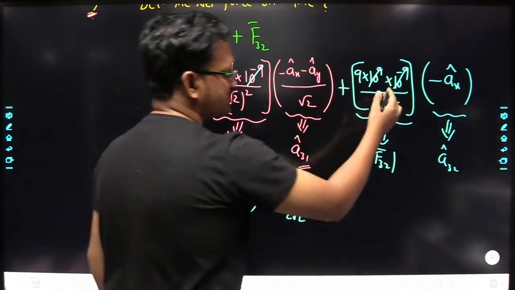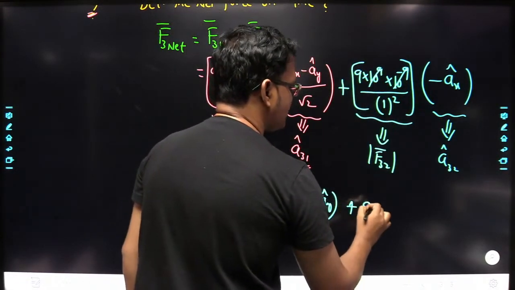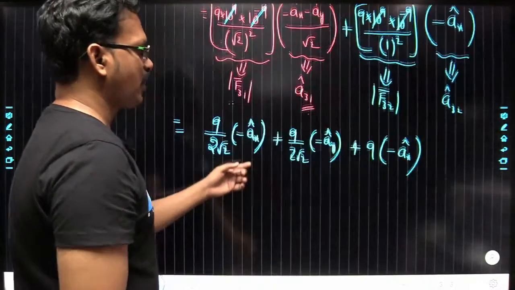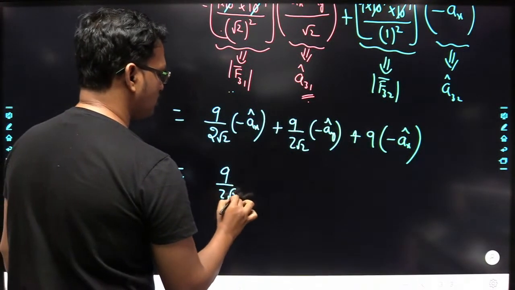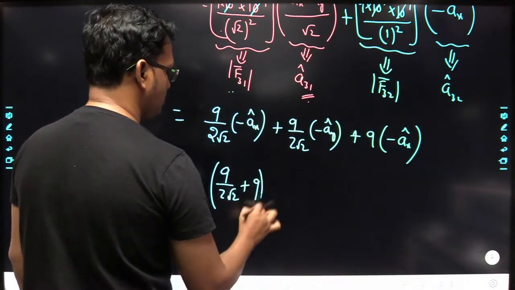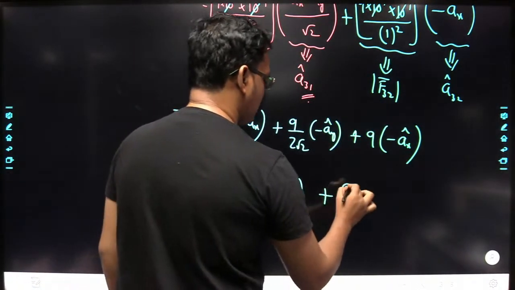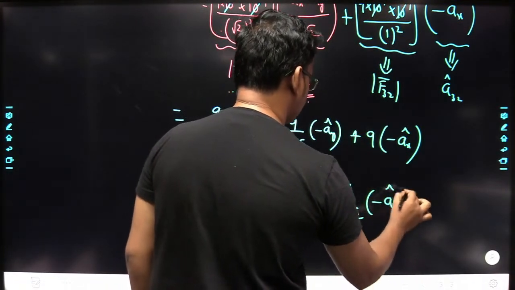Yes or no? Next here what do you have? Simply 9. Yes or no? Plus 9 into minus ax cap. Now add up the x components. What are you going to get? 9 by 2 root 2 plus 9 into minus ax cap, plus 9 by 2 root 2 into minus ay cap.